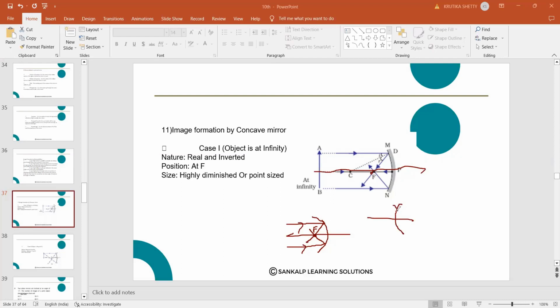So the light rays will be incident here. So when the reflection takes place, if you extend this, where it meets on the principal axis is called the principal focus.